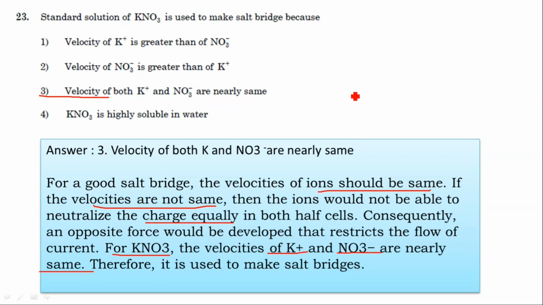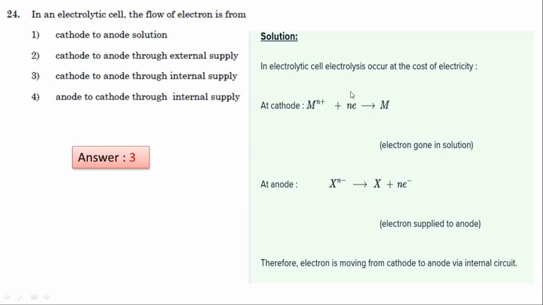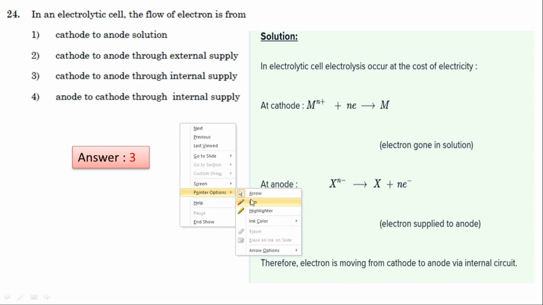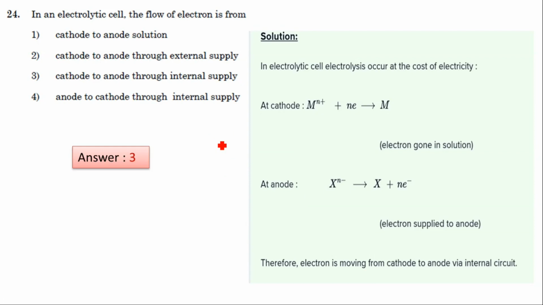Next question. In an electrolytic cell, the flow of electrons is from cathode to anode through the external supply, cathode to anode through the internal supply, or anode to cathode through the internal supply.